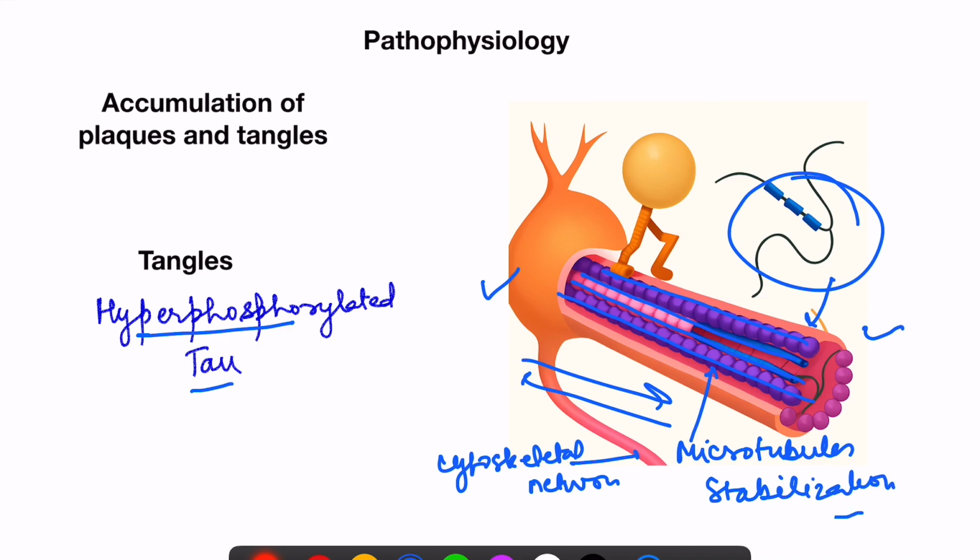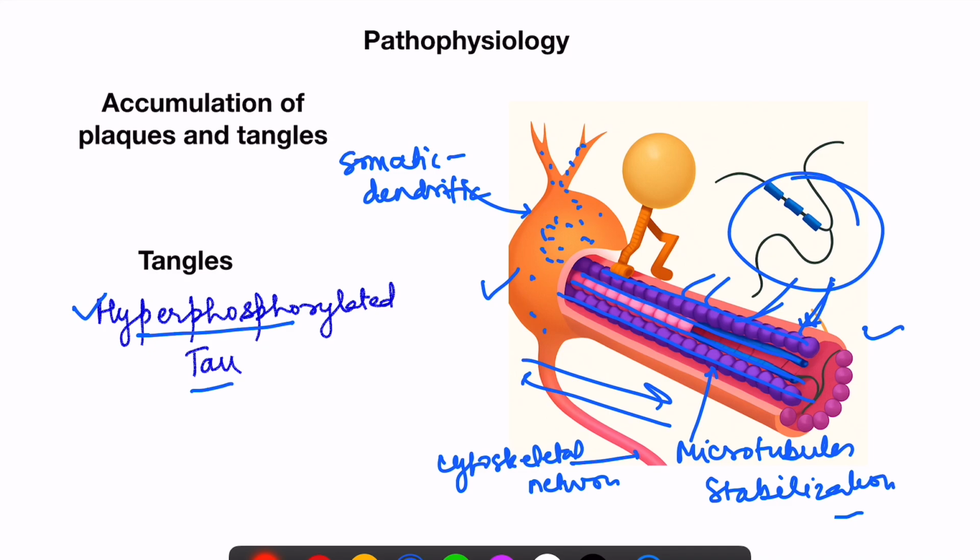When this tau protein becomes hyperphosphorylated, it detaches from these microtubules and starts getting accumulated in the cell body. It gets removed from here. It gets accumulated in the cell body and the dendrites. Okay, so then it forms somatic dendritic distribution. Before, it is present in axons associated with the microtubules.